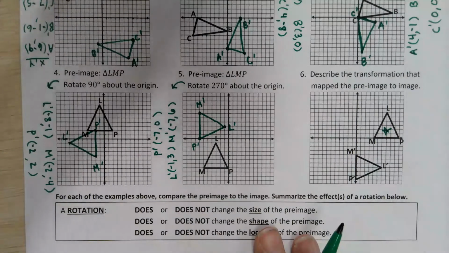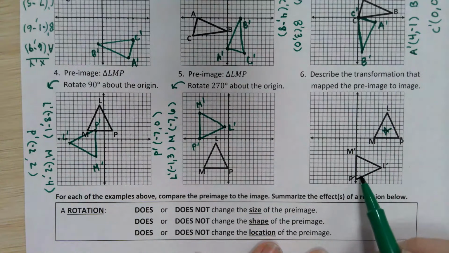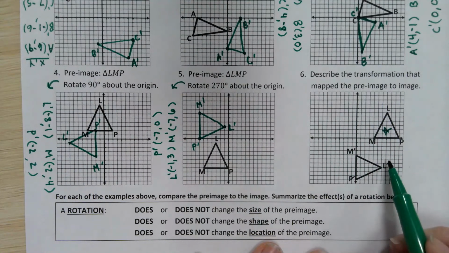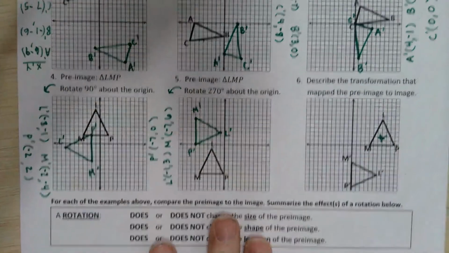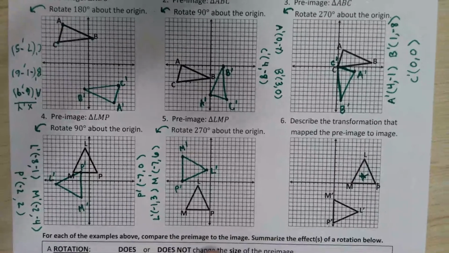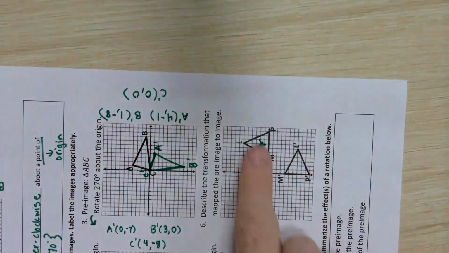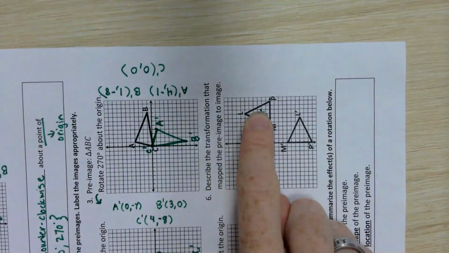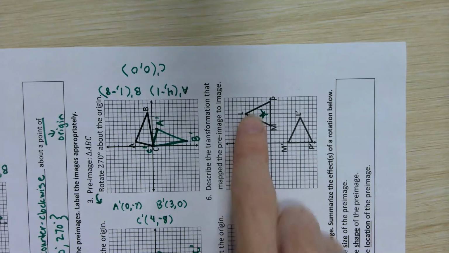If we focus on the fact that this image triangle is down here in this bottom right-hand corner, that's quadrant 4, if you remember the labeling for the quadrants from algebra, we can test out our rotations and see which one works. If I'm rotating 90 degrees, that would just be a quarter turn. Does that triangle end up in the bottom right-hand corner when I do that? The answer is no. It's in the top left-hand corner.